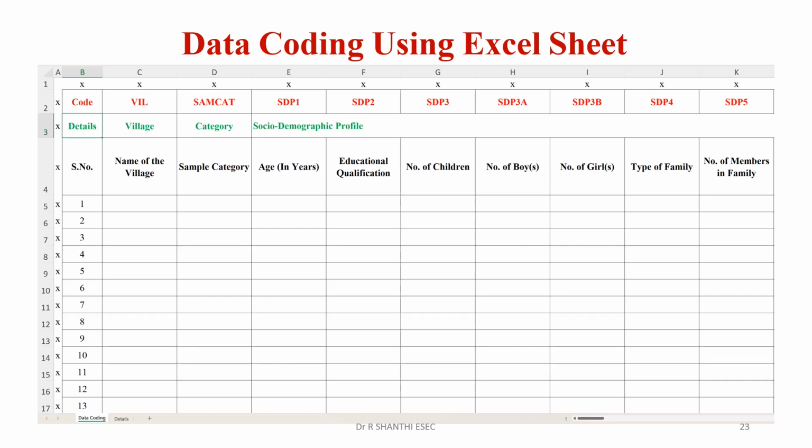In data view, you will have all the data. Once it is uploaded, it will automatically come. It will be numerical data, so it will have 1, 2, 3, 4, 5. Whatever coding you have given, we will get that only.